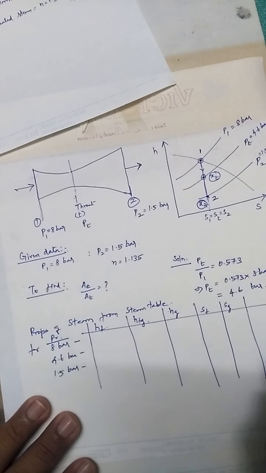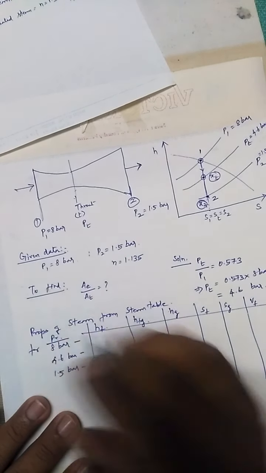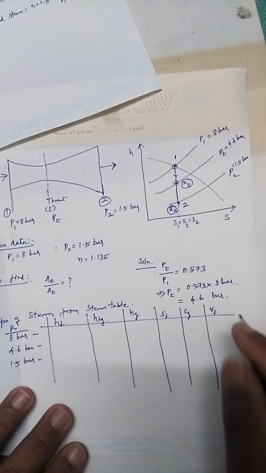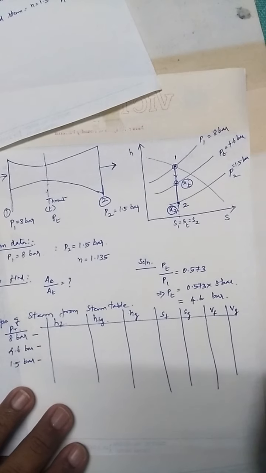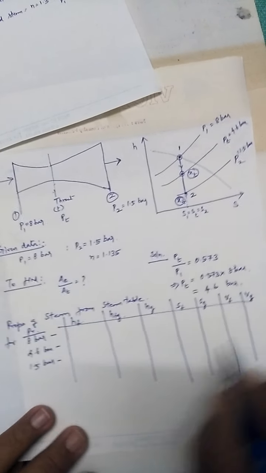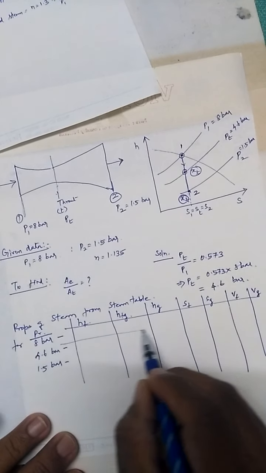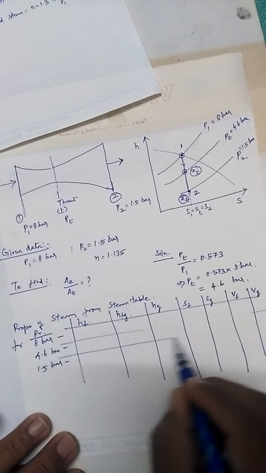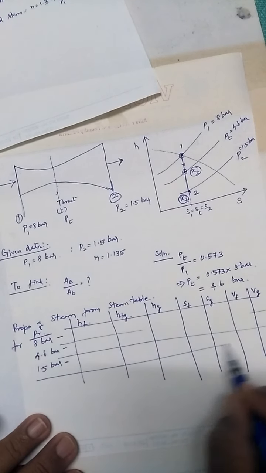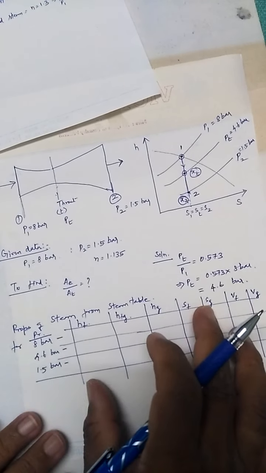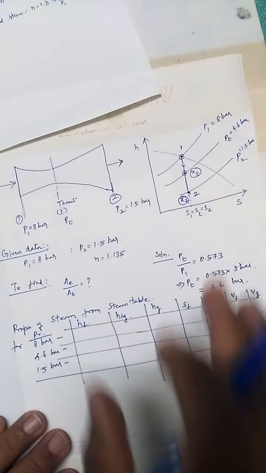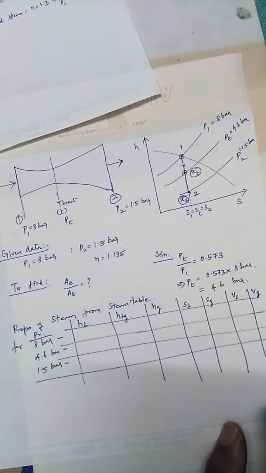And finally the specific volume, vf at the fluid side, and also vg. For all these different pressures, we have to note all these values. Using these values we are going to substitute the values.